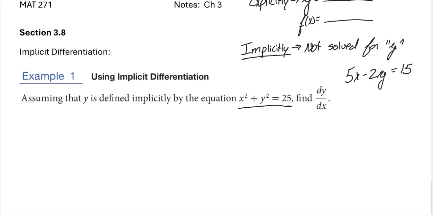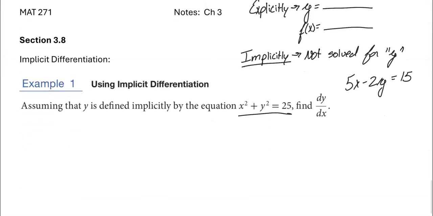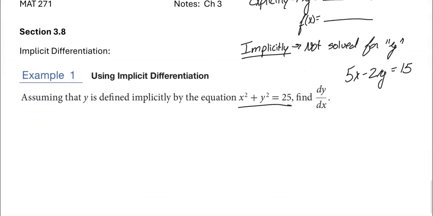So then how do we take the derivative? We take the derivative the way that we always do. We just have to remember that anytime we take the derivative of a variable that's not x, we need to show we took that derivative with respect to x. So let's look at the first one. We have x squared plus y squared equals 25, and we want to take the derivative.